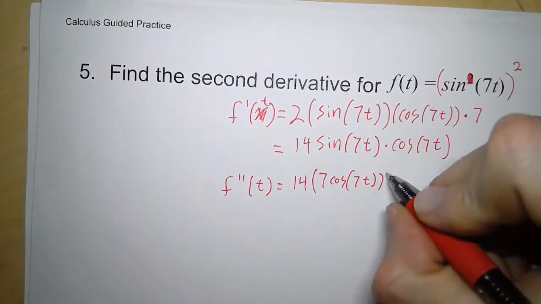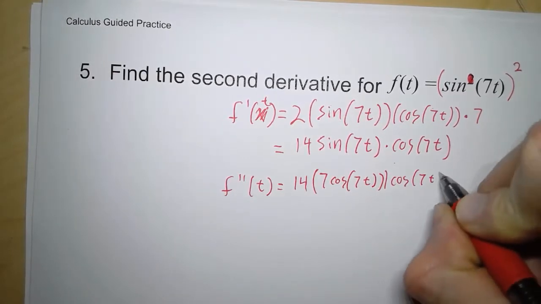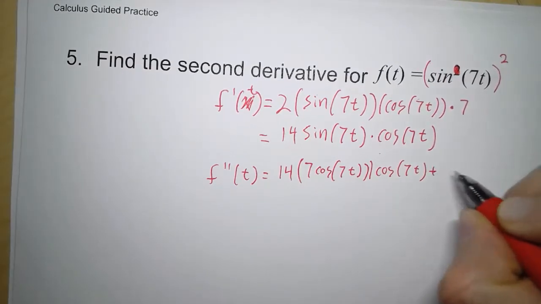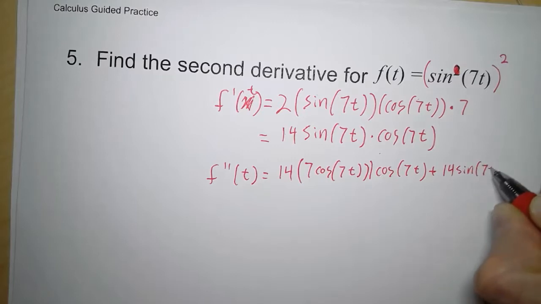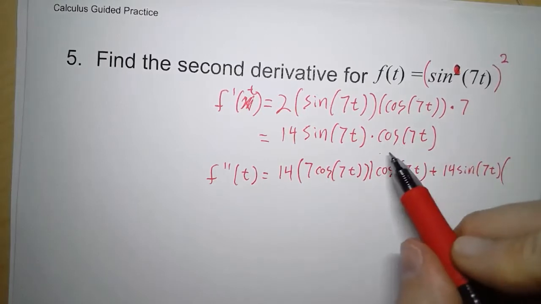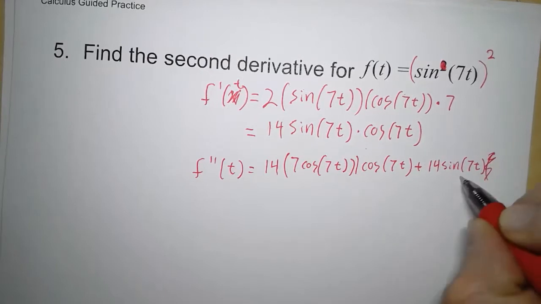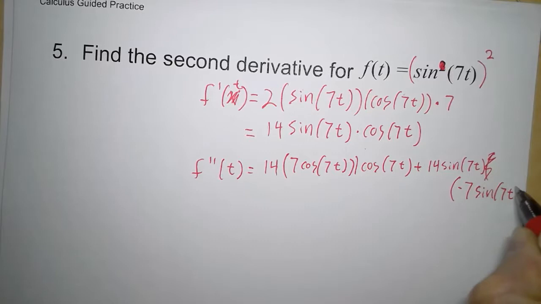And then we leave cosine alone. And then plus 14 sine of 7t times the derivative of cosine of 7t, and that is negative 7 sine of 7t.